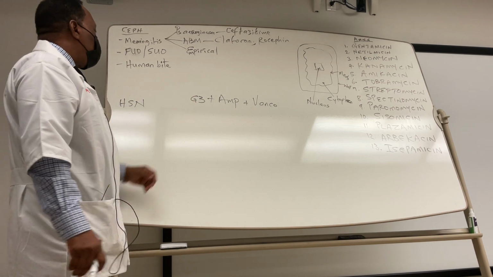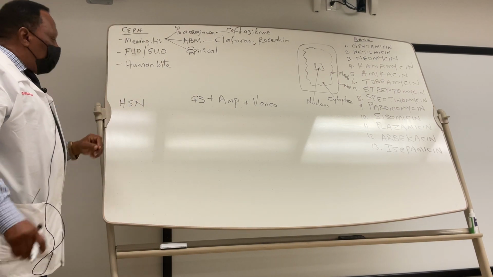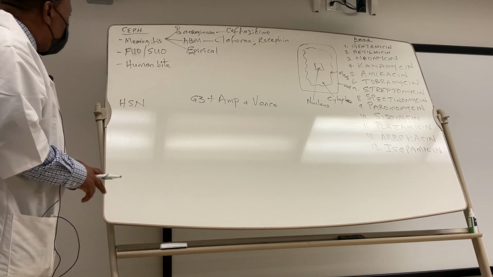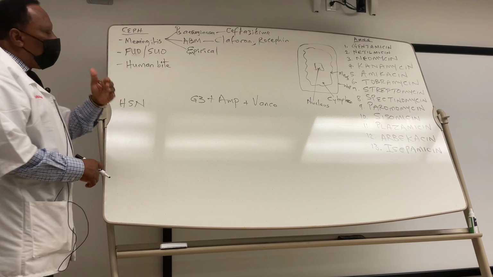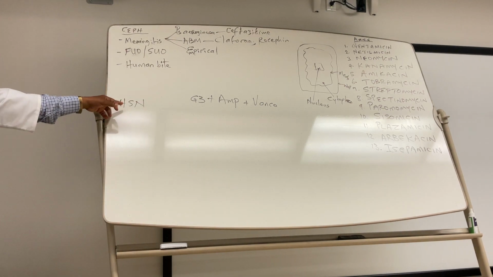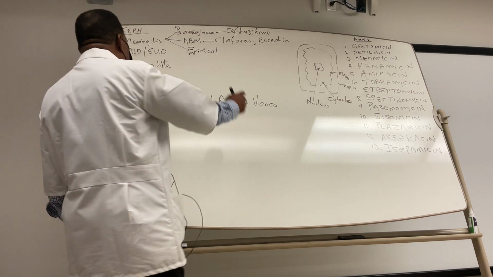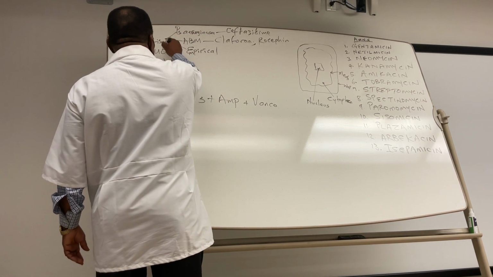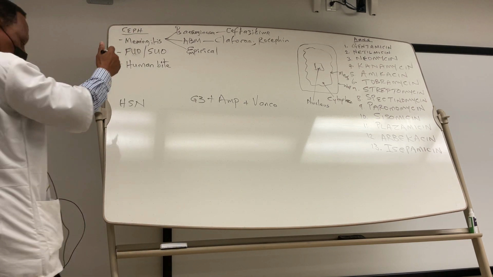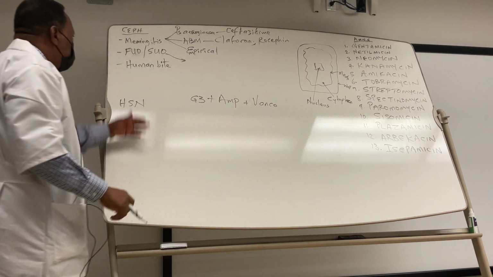So those are usually what you will find in the meningitis in children. Sometimes Listeria monocytogenes can be involved, but it's mainly HSN that will be involved there. And of course, one can use that combination.